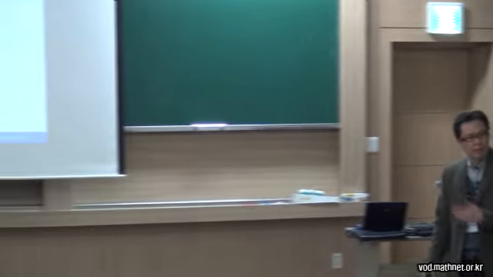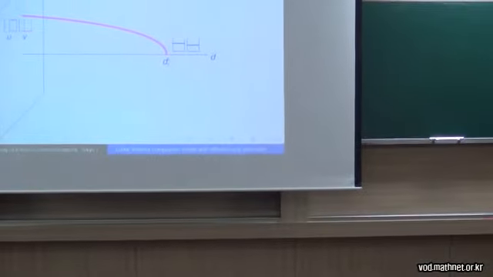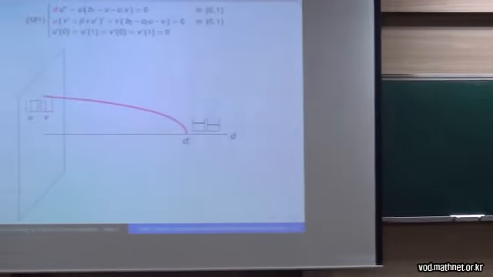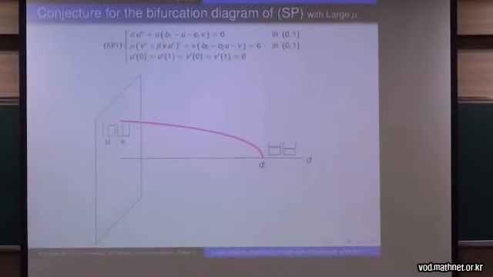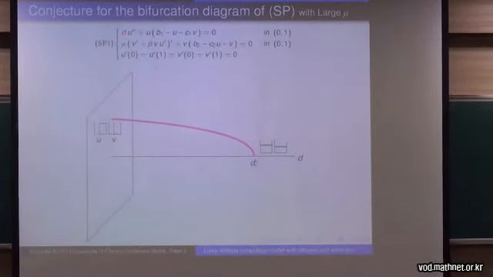The original system. This is our conjecture. If I can construct the bifurcation curve near the limiting solution curve by perturbation, I can send such a situation to the 1D original case.